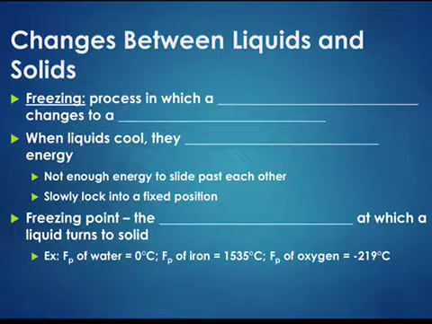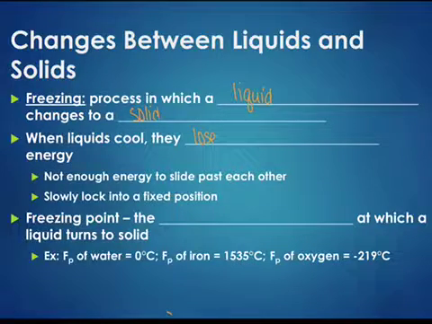Freezing is the process in which a liquid changes into a solid. When the liquid cools, those particles lose energy, and there's not enough energy to slide past each other anymore, so they slowly get locked into a fixed position.